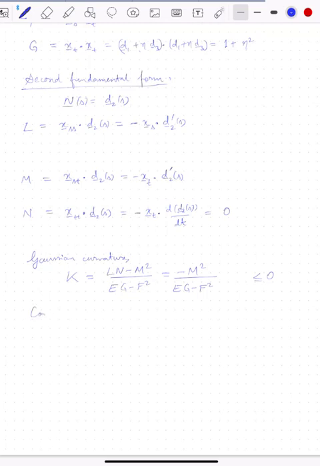And the condition for developability of the surface is k is equal to 0. And we have the condition that eta is equal to tau by kappa.